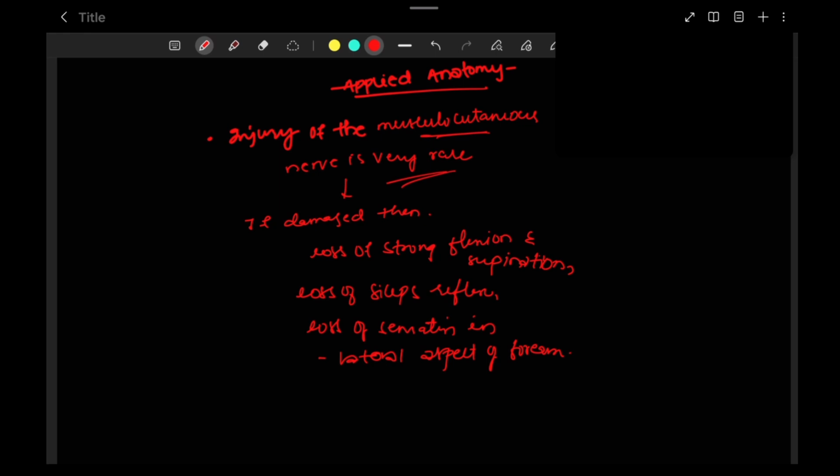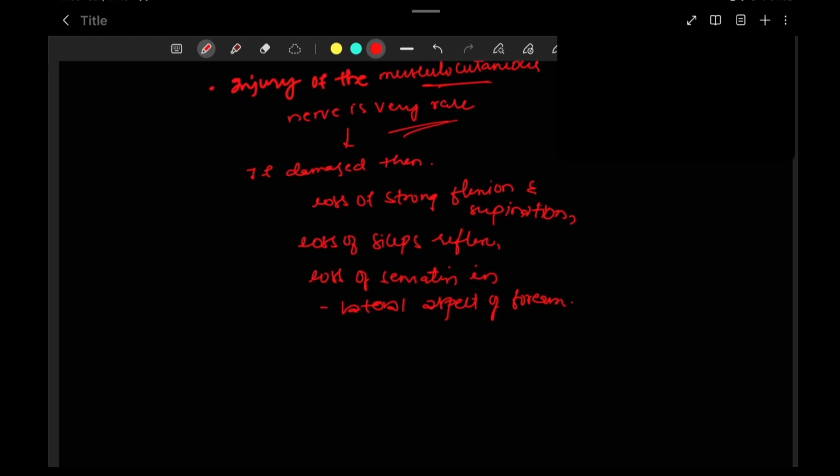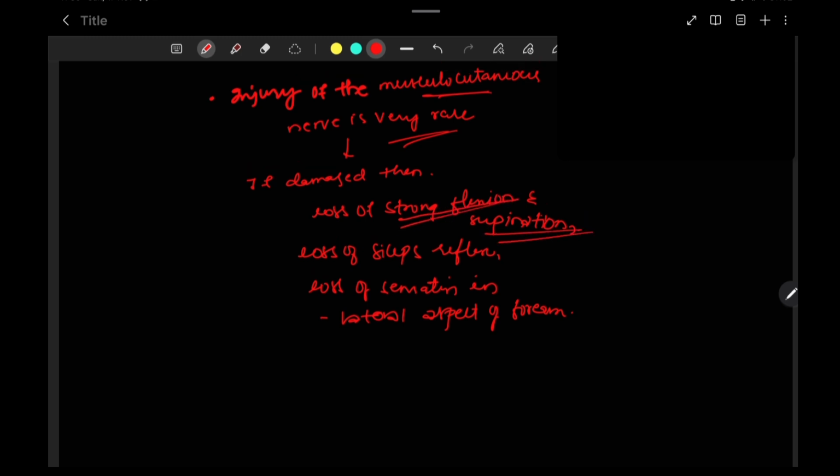The major function of these muscles is flexion of the elbow joint, as they are the major flexors. So if the nerve is damaged, there is loss of strong flexion of the elbow joint, and additionally, the biceps also aids in supination when the elbow is mid flexed. So there is loss of supination as well.